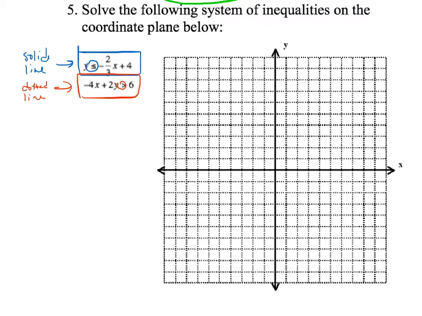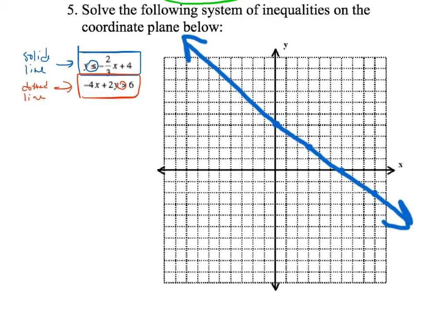Okay, so if we're going to graph this blue line, we need to graph it like it's an equal sign. So up 4, and then a slope of negative 2/3. Okay, and then we're going to use the solid line to go up and over.